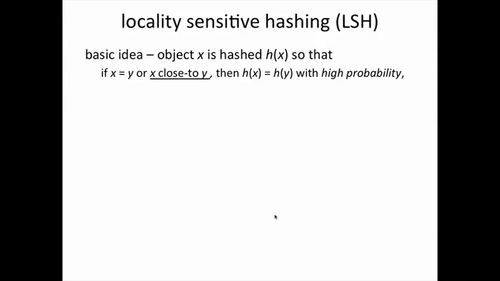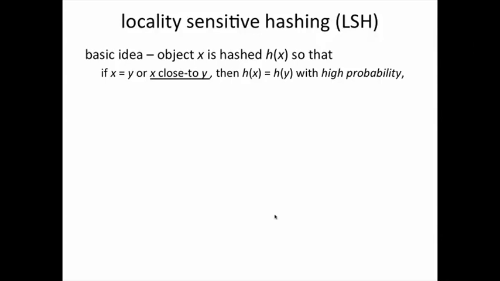In this respect, it's similar to normal hashing, where if x is equal to y, then x and y are hashed with high probability to the same value. But this deals with distances and closeness and not just equality. That's what makes it interesting.